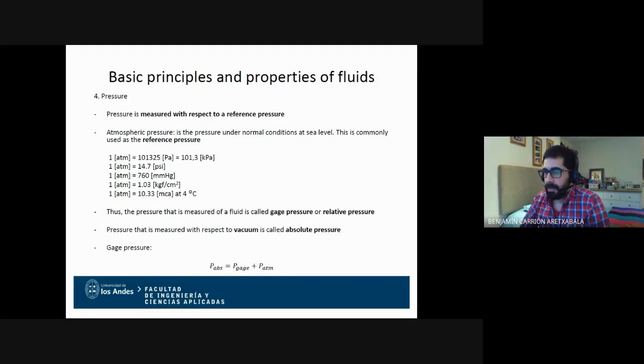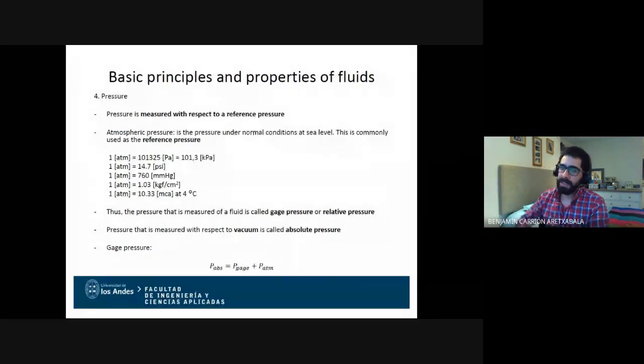So, okay, here are the values. 1 atmosphere is more or less 101 kilopascals or 14 psi, etc. And the unit I like most is 10.3, but you can think of it as 10 meters of water. Here it says MCA, which means metros columna de agua.